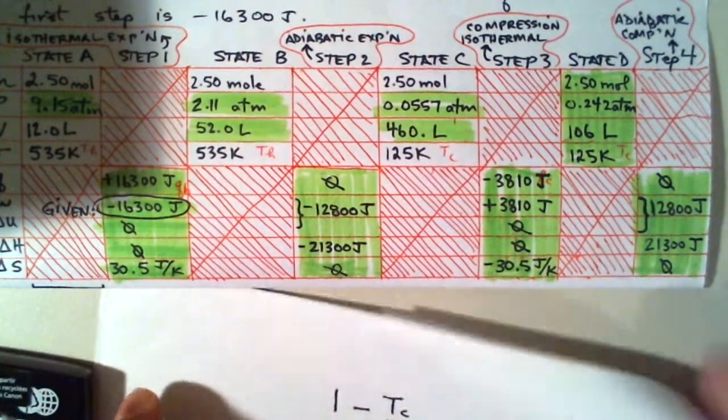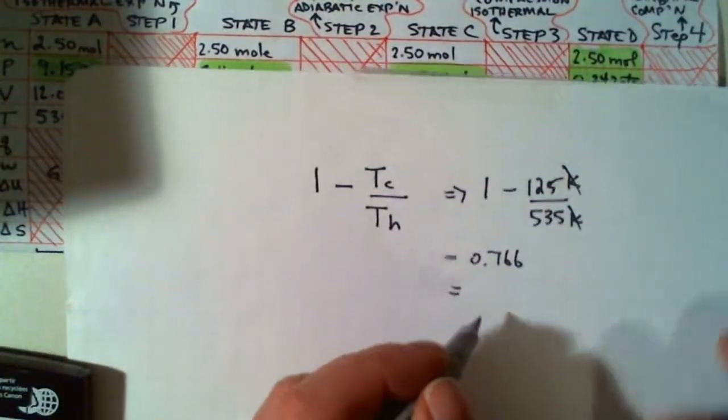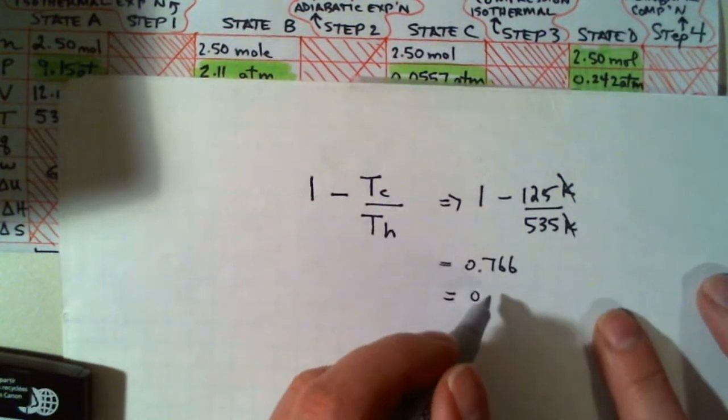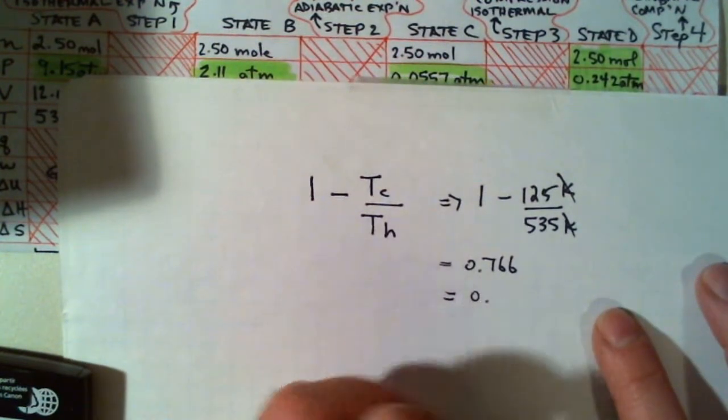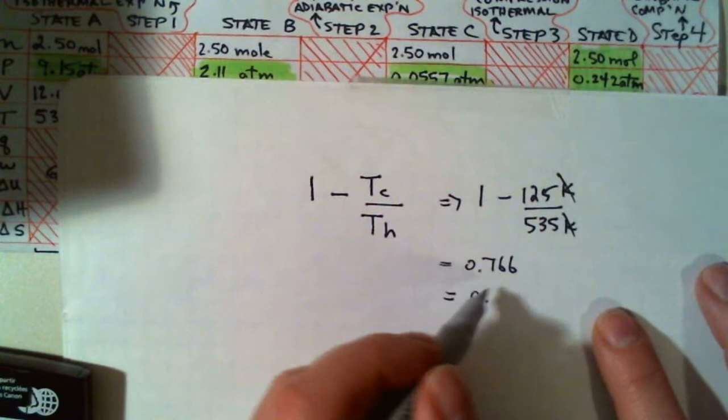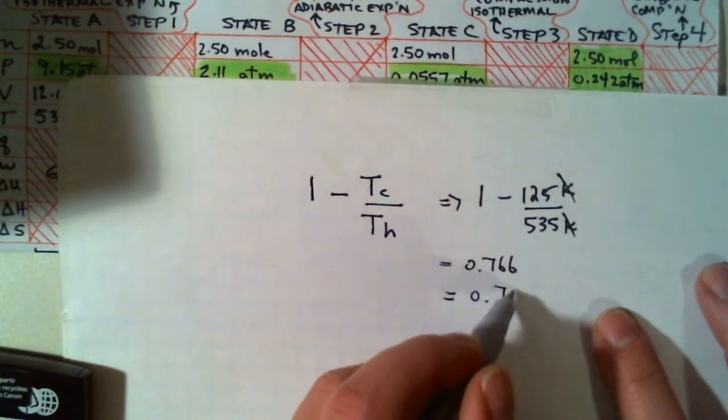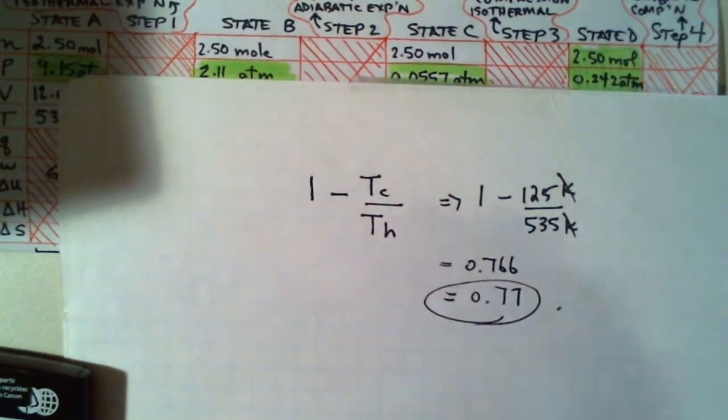That's not bad. That's excellent. Yeah, efficiency is usually given as a 2-digit percent, so say 77%. That's pretty good.